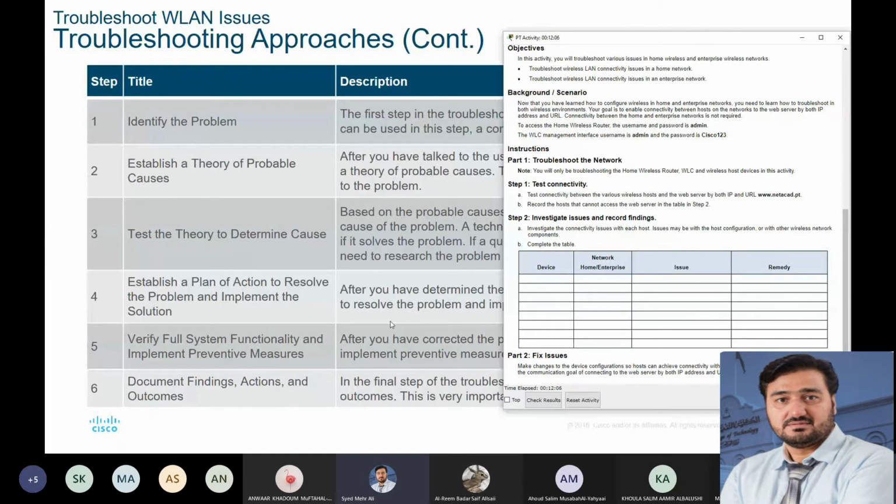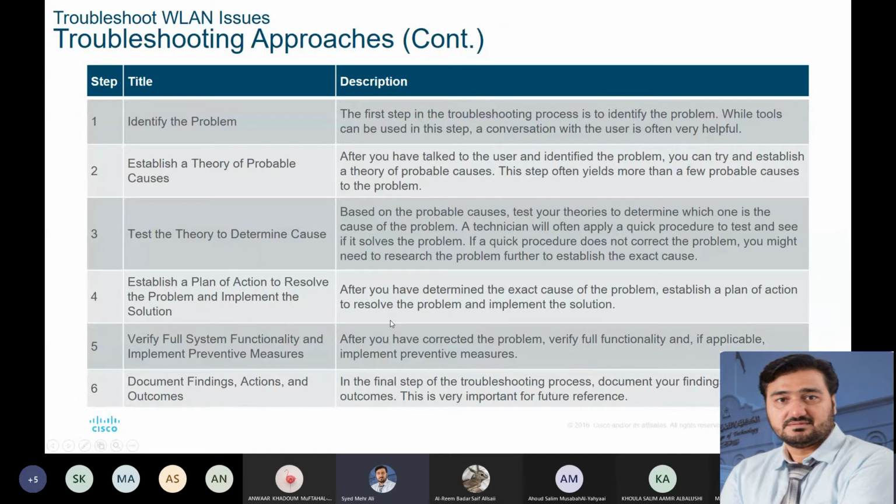So in the final step of the troubleshooting process, document your findings, actions, and outcome. This is very important for future reference. Maybe after some time the same problem will come, then you can refer back to your documentation. This is the way you can troubleshoot. These are the troubleshooting approaches.